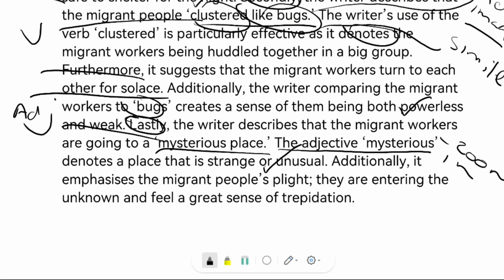So that's showing an awareness of explicit meanings. Again, a connective to start my analysis off. It emphasizes the migrant people's plight. They are entering the unknown and feel a great sense of trepidation. And this, of course, is my analysis.